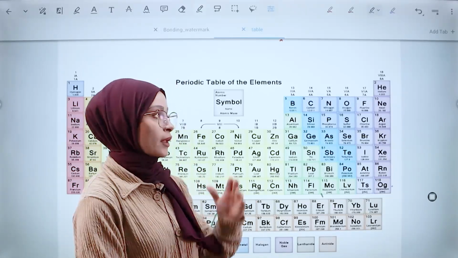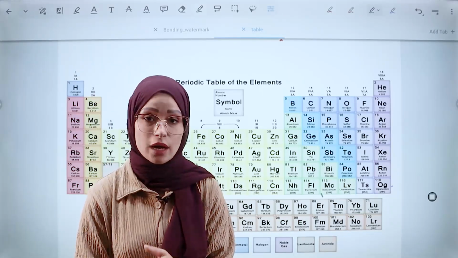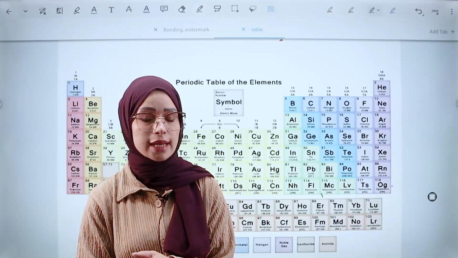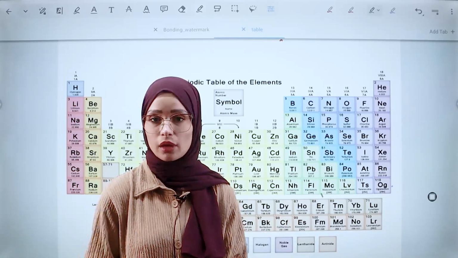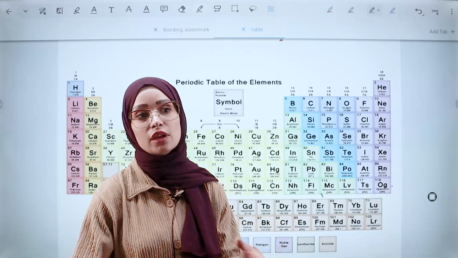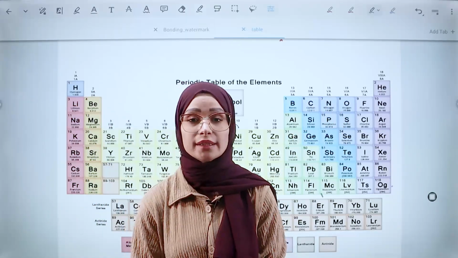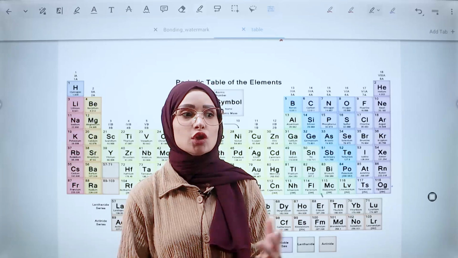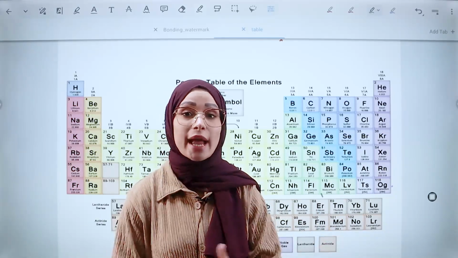So actually, when these elements combine to each other, they make compounds, and they make chemical reactions which are important in our life. Consider that these elements don't undergo chemical reaction; consider all these elements are already occupied and octet. So none of these elements are going to make any chemical reaction.